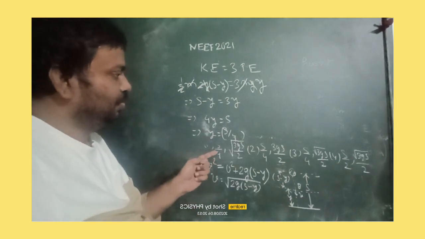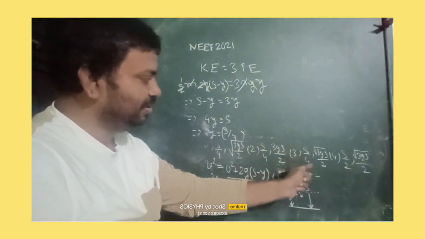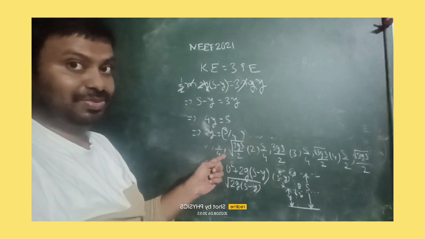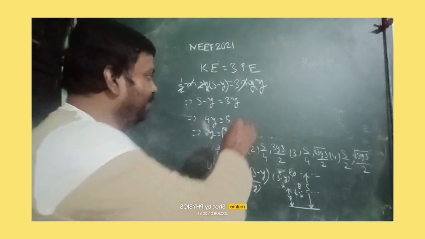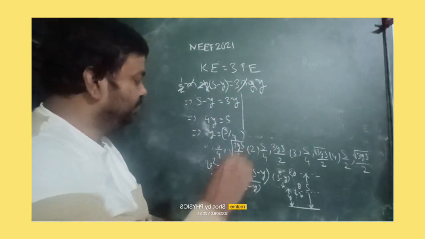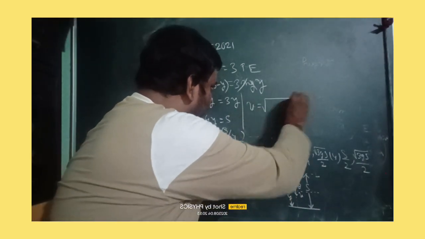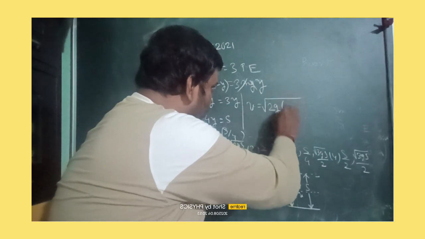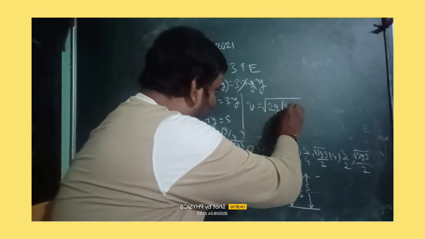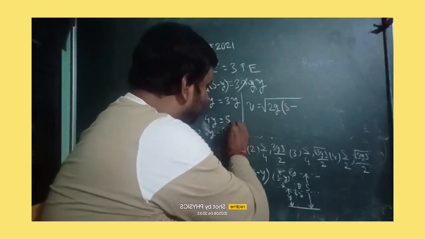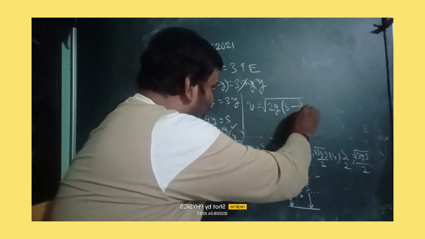Among the options, we have s by 4 in three of them. So we have to find its velocity. V is equal to root under 2g into (s minus y). S minus y is 3s by 4.